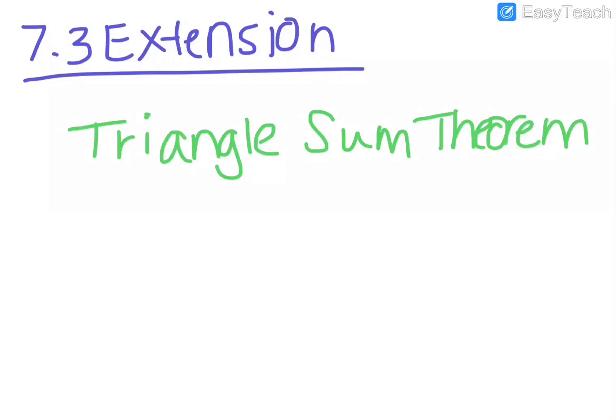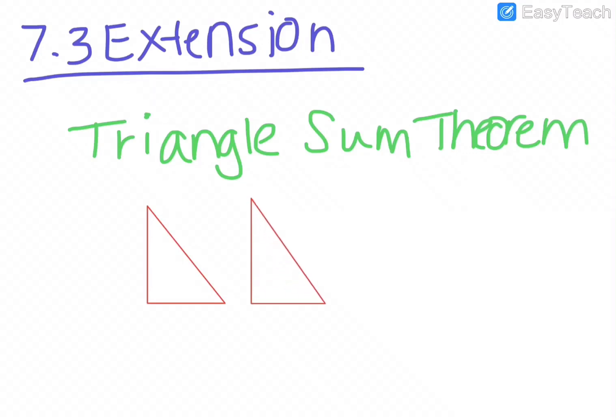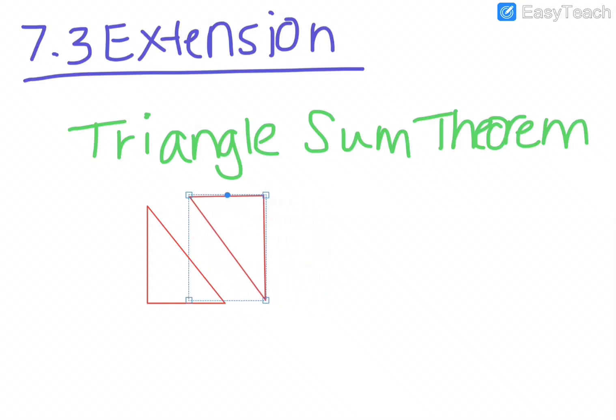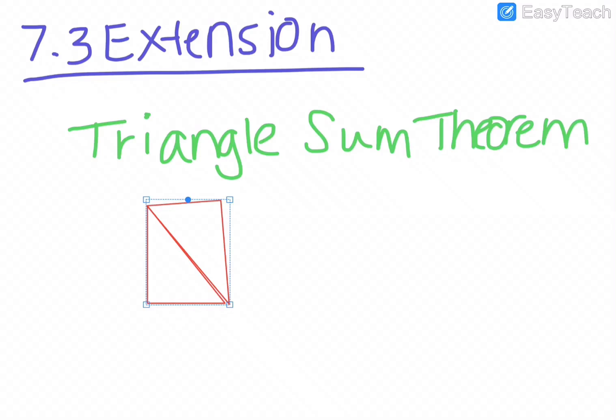So in order to show you this before we jump into the book, I wanted to show you a visual. If we have a triangle and we have an exact copy of the same triangle, and we take it and turn it around and piece it together, it creates, if these were exactly perfect, a rectangle.